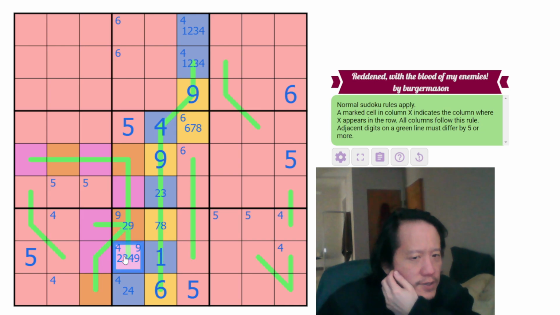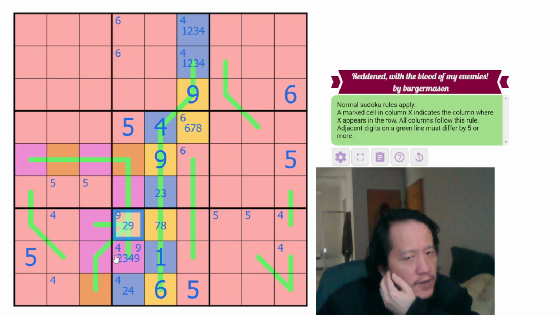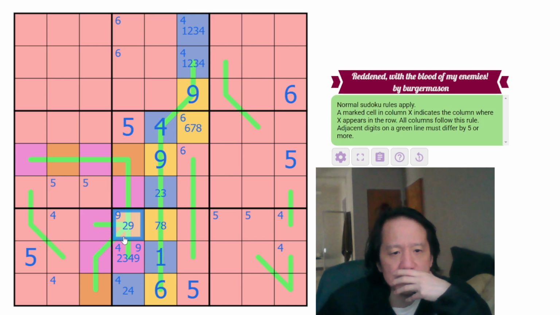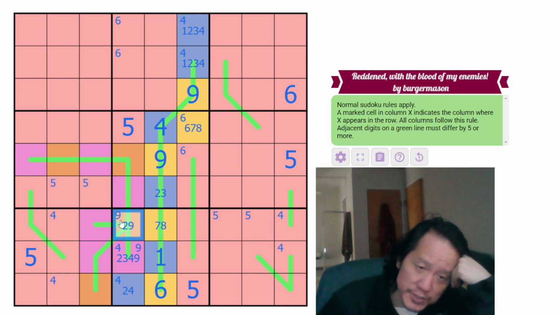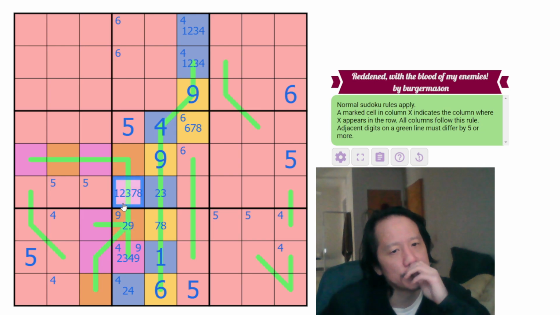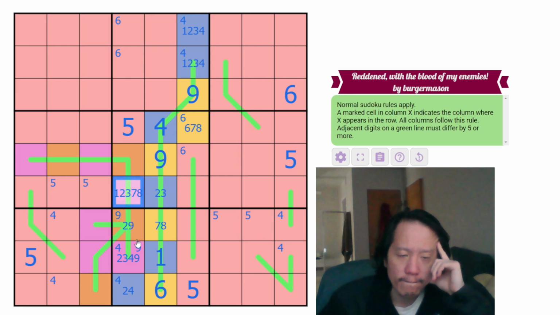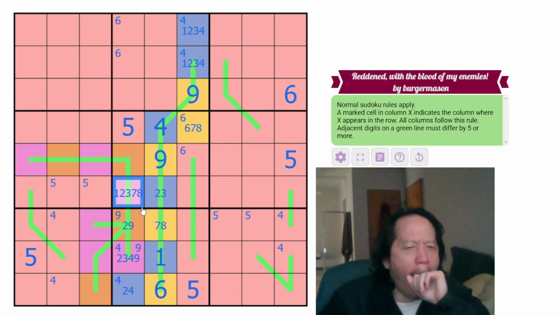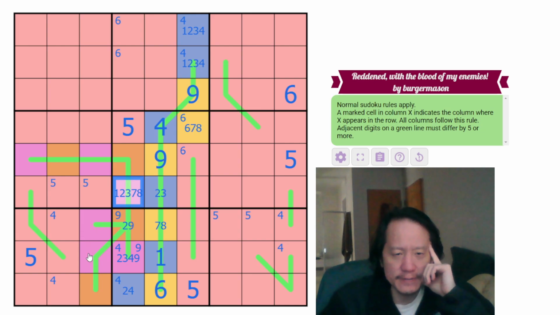Can this be 3? Yes, because then that would be 9, and this would be 4, so that's fine. If this is 4, that would be 9. That's fine. So this is specifically 2 or it's 9. This could be 1, 2, or 3. It cannot be 4 because of that 4. Or it could be 7 or 8.